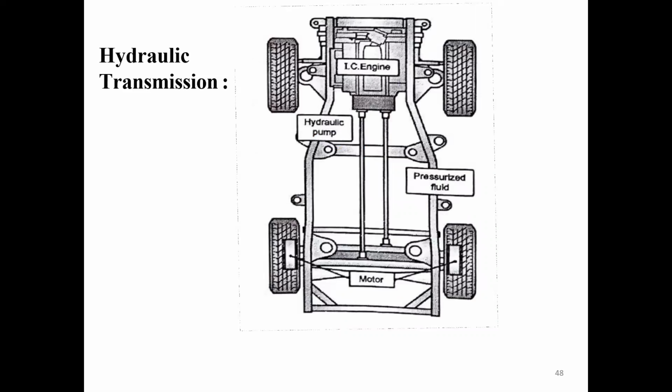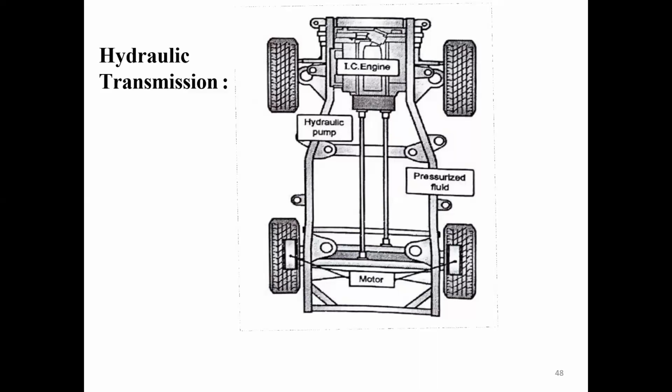In case of hydraulic transmission, we are transmitting power from engine to load, or from engine to the wheels. We are transferring power from engine to wheels using the oil, so we are calling it hydraulic transmission.